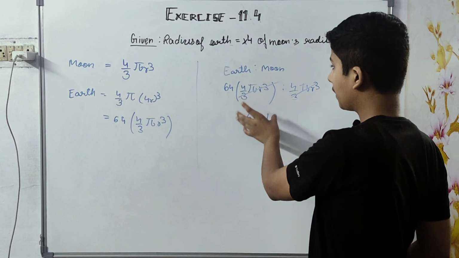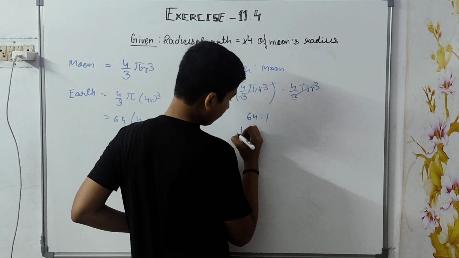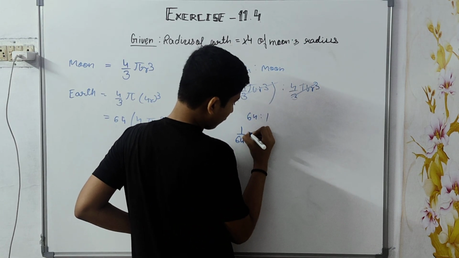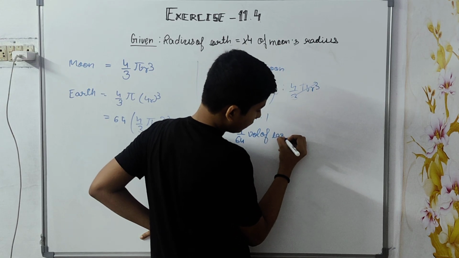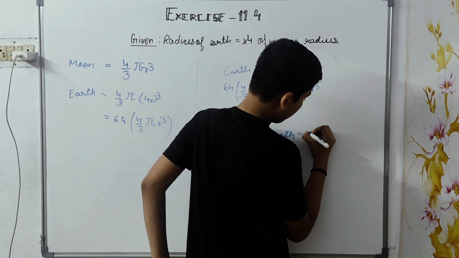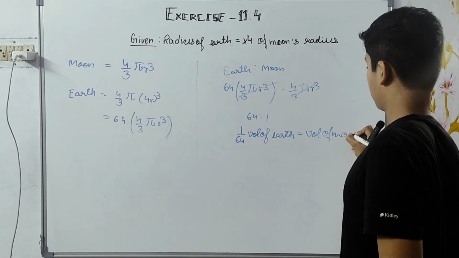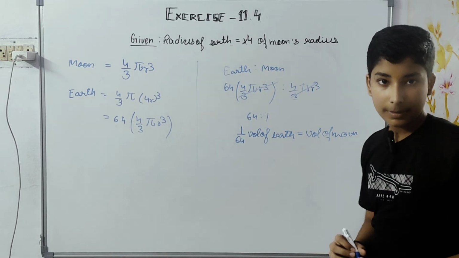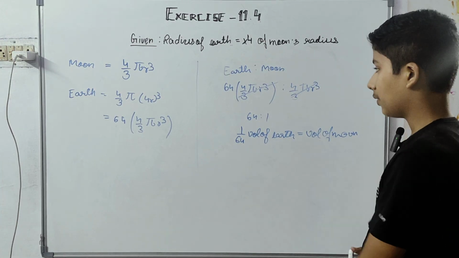So 1 by 64 of the volume of Earth equals the volume of Moon. Am I right? Yes, 1/64 of the volume of Earth will be the volume of Moon.